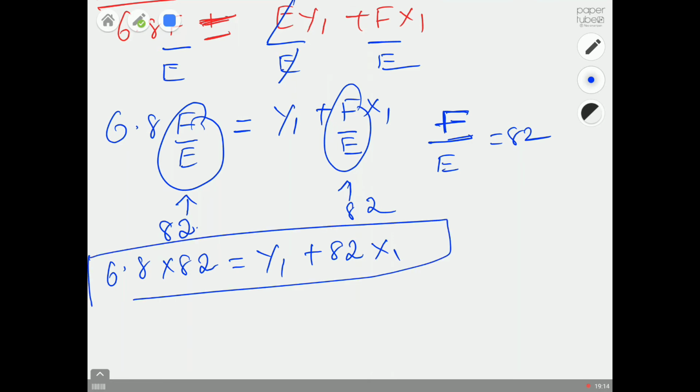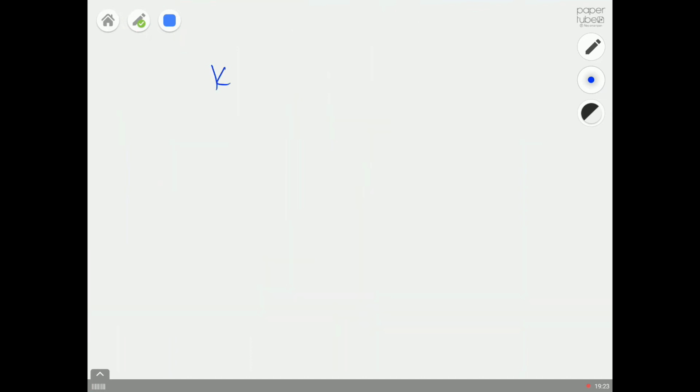So we need to calculate y1. We don't know x1, but we have the distribution coefficient. K is nothing but y1 by x1. What's the K value? 170.